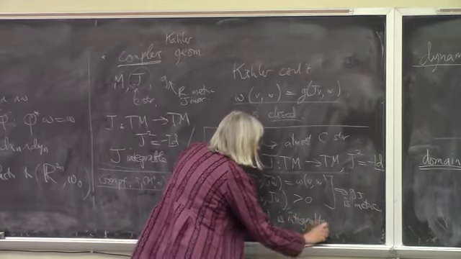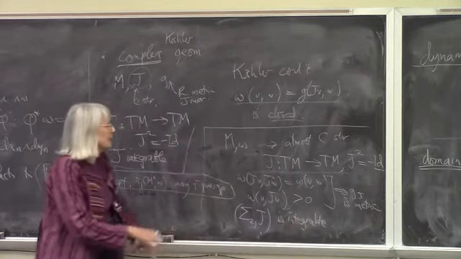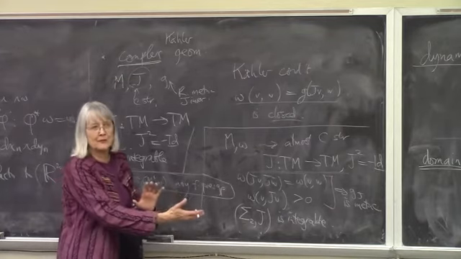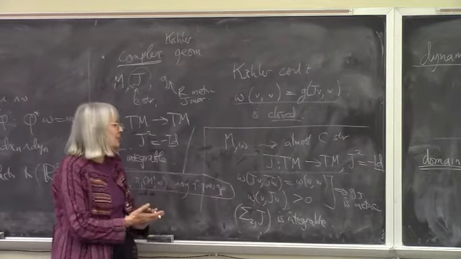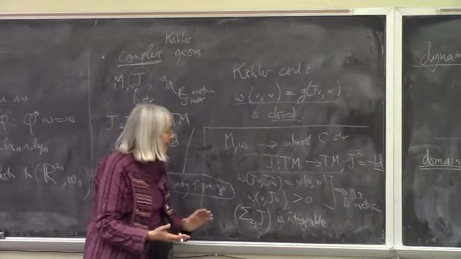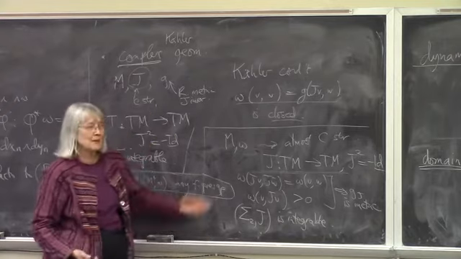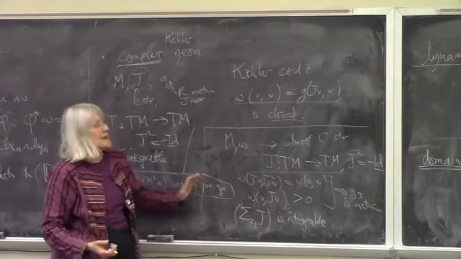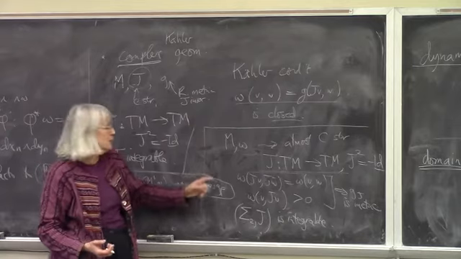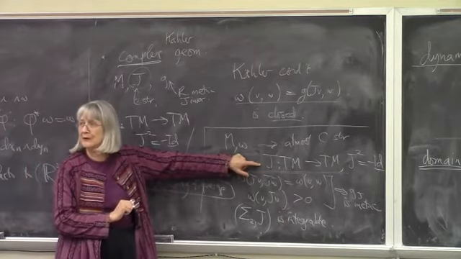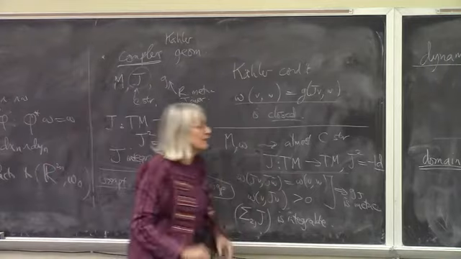So that means that if you have two-dimensional J-holomorphic submanifolds, they're actually images of Riemann surfaces. And because the Cauchy-Riemann equation is a Fredholm equation, you get a nice theory of what are called J-holomorphic curves. These are two-dimensional objects in a manifold whose tangent spaces are J-invariant. And so you can use that theory.